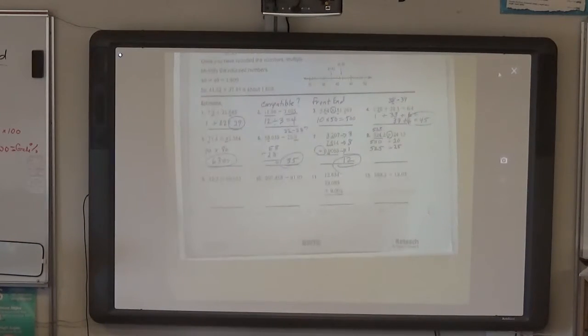Because 4 quarters equal $1. 25, 50, 75, 100. So if you have 500, you have 5 times 4, which is 20. And if it went in one more time, that would be 21.